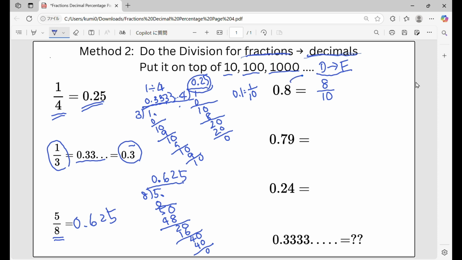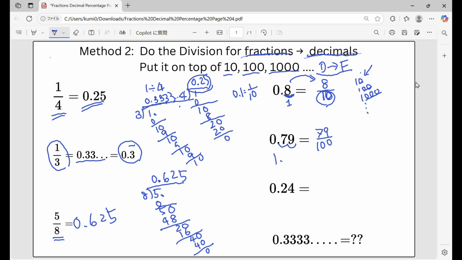The rule here is you put the digits after the decimal point on top of a fraction, and then for the denominator, the bottom one, you either have 10, 100, 1,000, powers of 10, and how many zeros you have would be the same as how many digits you have after the decimal point. Here you have 1 digit, so you put 1 zero, which is 10. Here you have 2 digits, so you put 2 zeros.